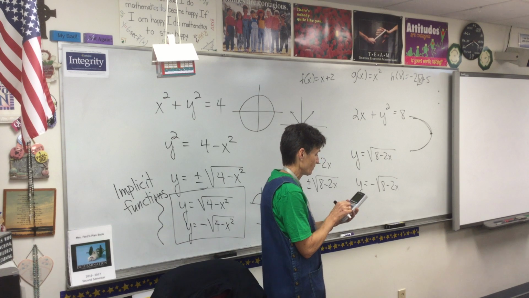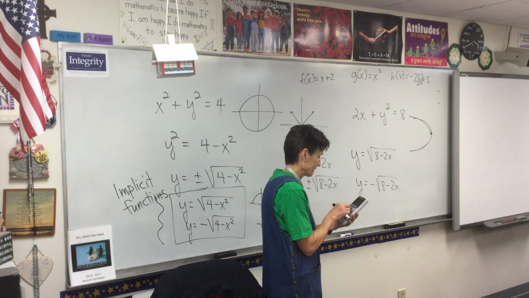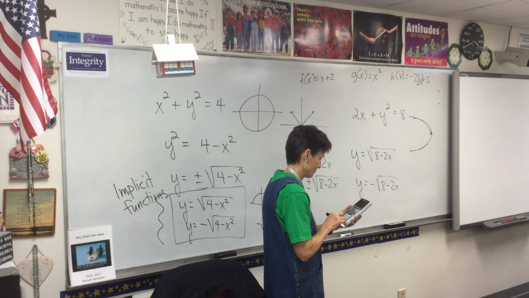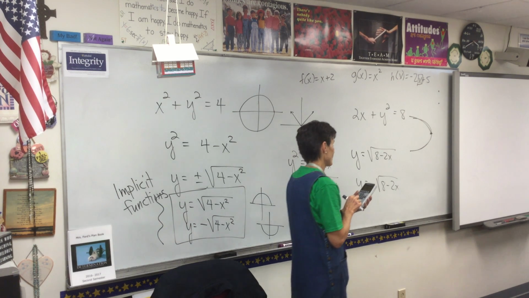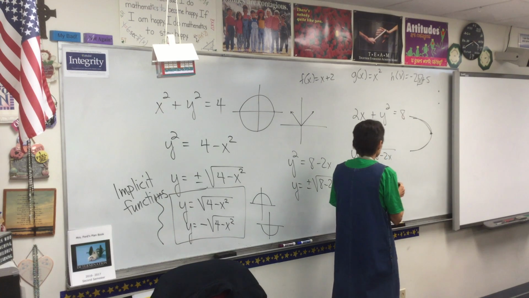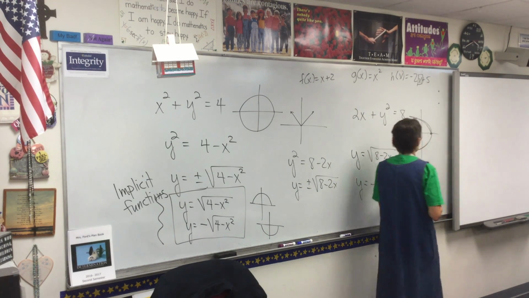Alright, wait, I gotta figure out how I can make that look better. There we go, now mine looks okay. So I got this shape exactly. Looks kind of like that.